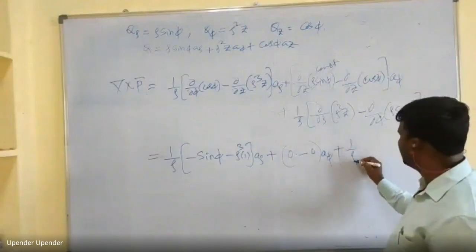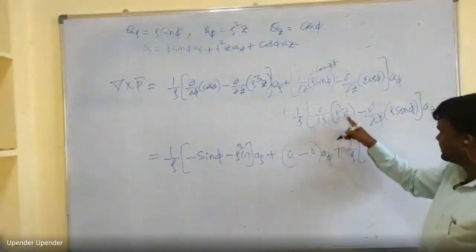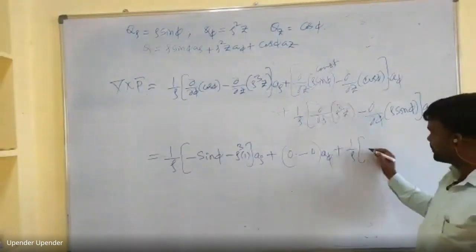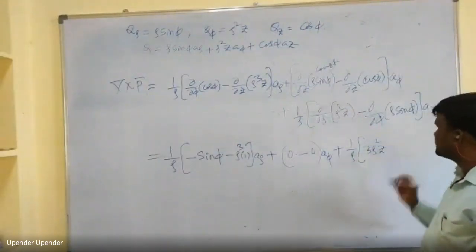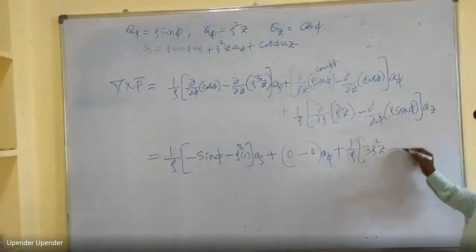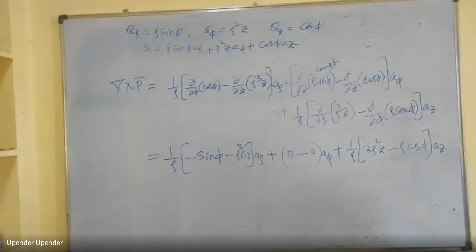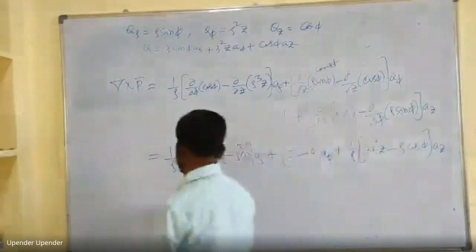Plus 1 by rho, with respect to rho, z is constant. Differentiation of rho cube gives rho square into z, minus differentiation with respect to pi, rho is constant. Differentiation of sin pi gives cos pi into a z. Now the simplified one is nothing but what?